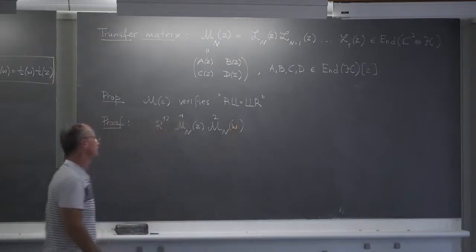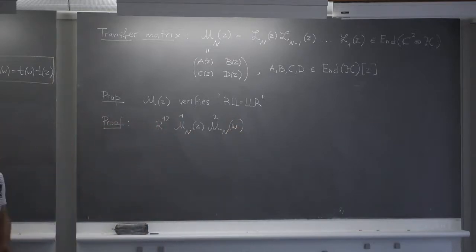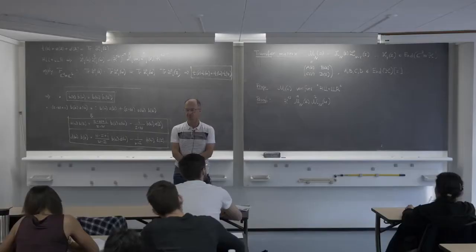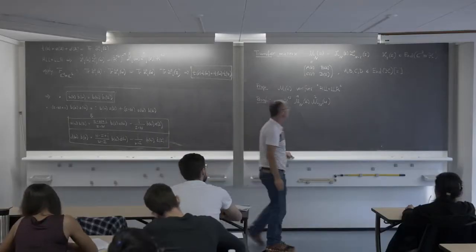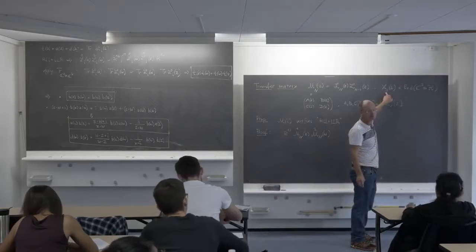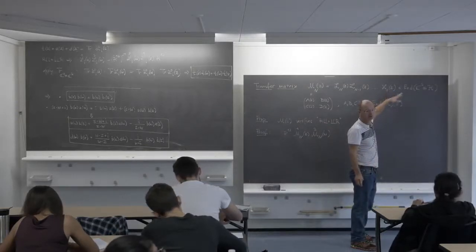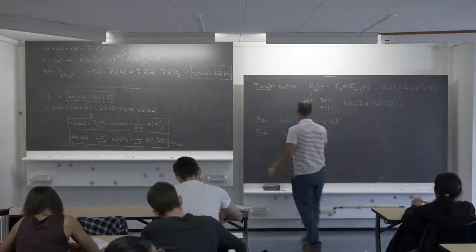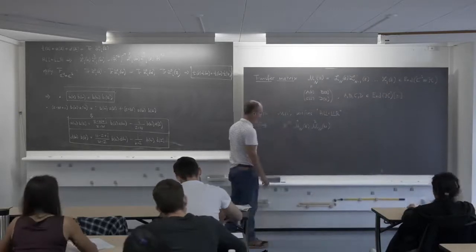We want to compute this quantity. And the proof will be by induction. So the base of induction we already proved. If n is equal to 1, then L1 satisfies RLL equal to LLR. So now let's make the induction step.